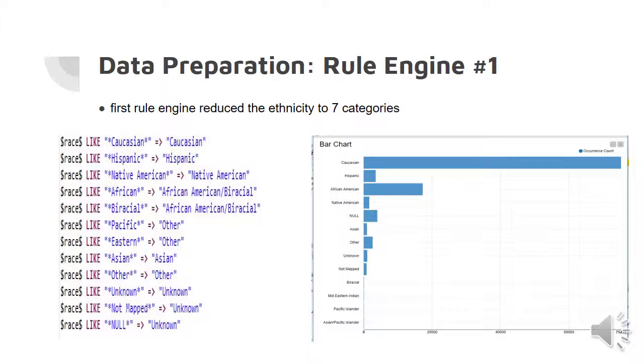We have about 10 different race categories: Caucasian, Hispanic, African American, etc. And 3 of them are basically unknown categories, so we grouped them into an aggregated category called unknown. So unknown, not mapped, and null went into the unknown category. And then Pacific and Eastern were relatively underrepresented, like there's not a lot of records with those races, so we grouped them into the other category. And then we grouped biracial and African American, and that's it.